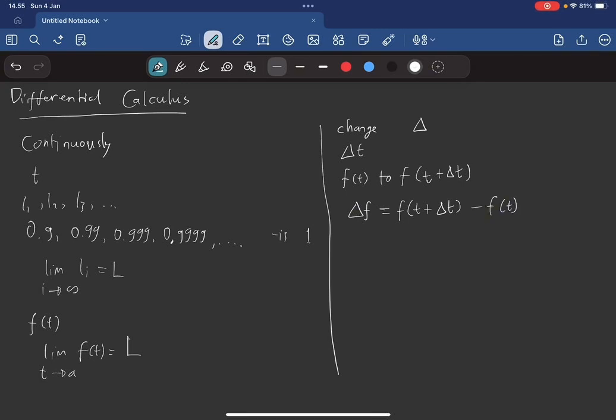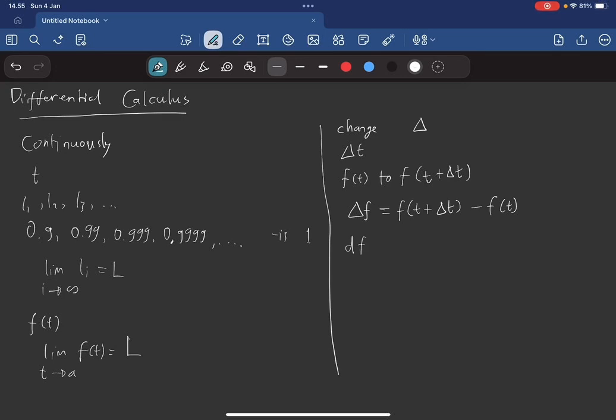To define the rate of change precisely at time t, we must let delta t shrink to 0. Of course, when we do that, delta f also shrinks to 0, but if we divide delta f by delta t, the ratio will tend to a limit. That limit is the derivative of f(t) with respect to t.